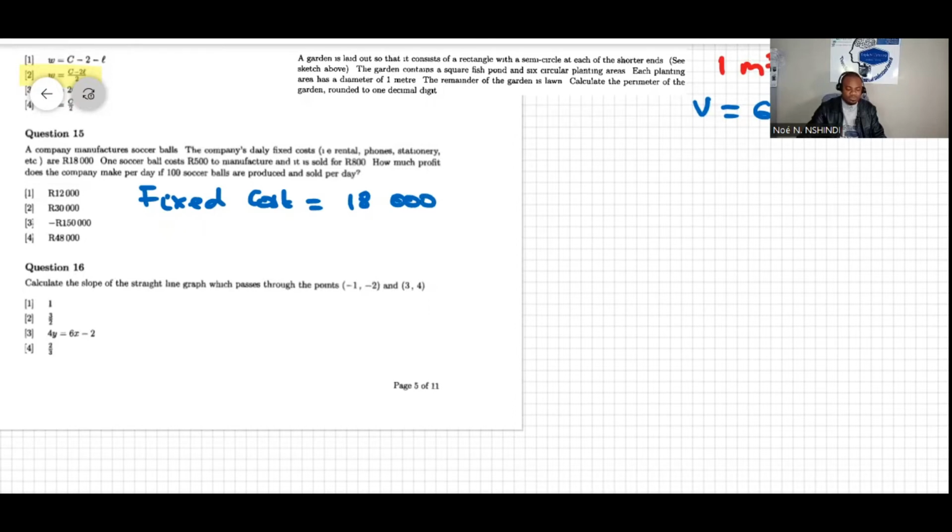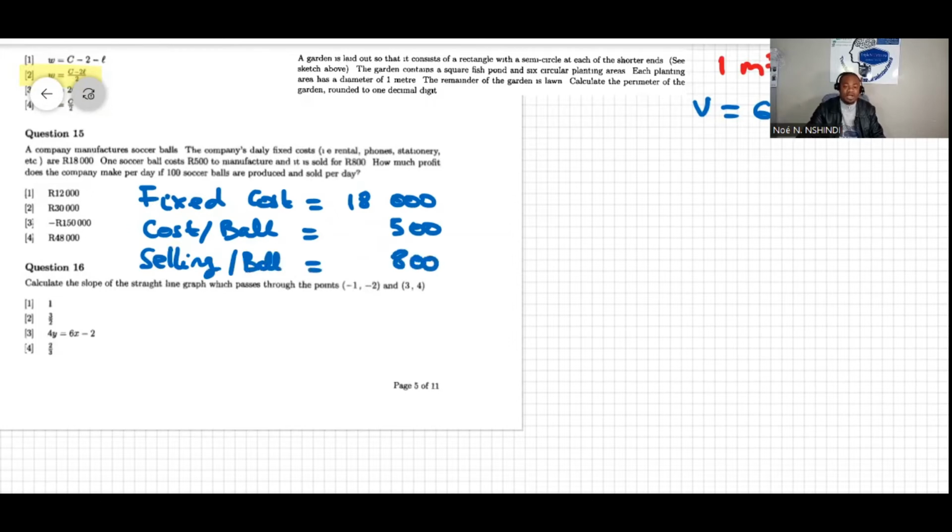So the cost per ball is 500 rand to manufacture, and it is sold for 800 rand. So the selling price per ball is 800 rand.